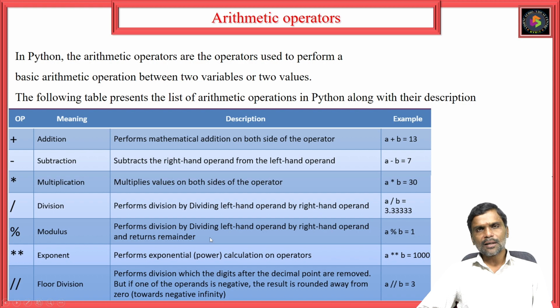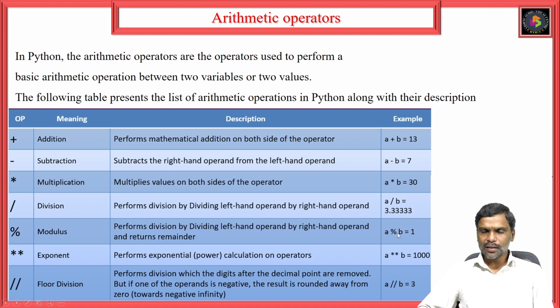So don't confuse here. Division means it gives the quotient value in Python programming. Here modulus means it gives the remainder. So here you can see a by b, that means 10 by 3, it gives 3.33 with some decimal points. The quotient value it is giving.